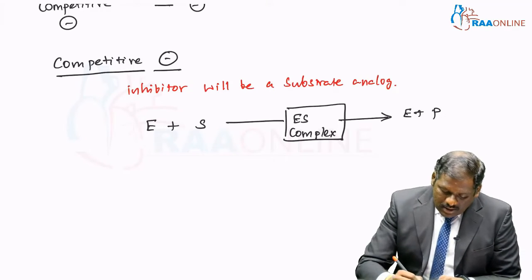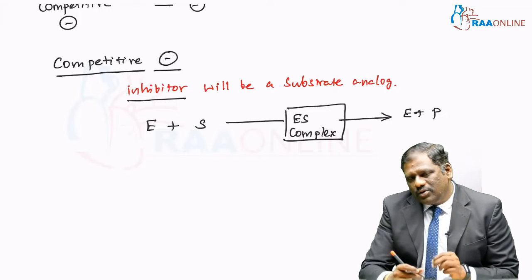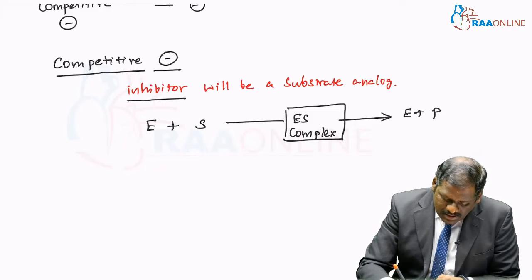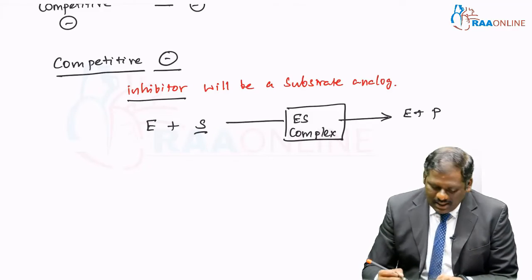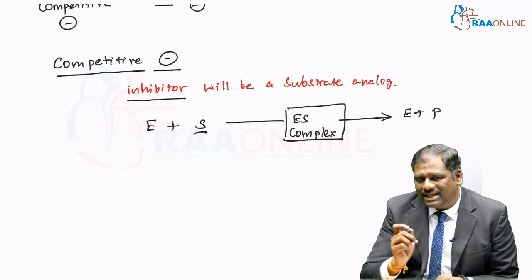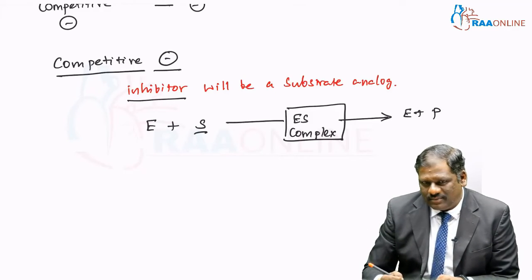Now, in case of inhibitor, what happens? This inhibitor closely resembles this substrate. Because of this, it also tries to go and bind to the catalytic site of the enzyme where the substrate usually binds.